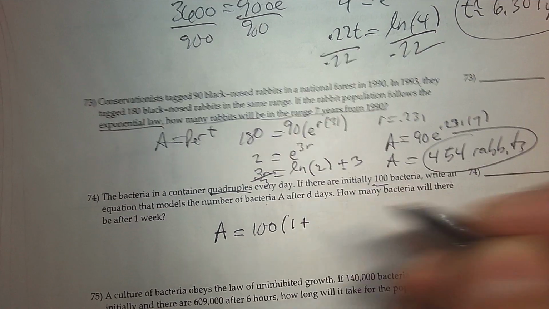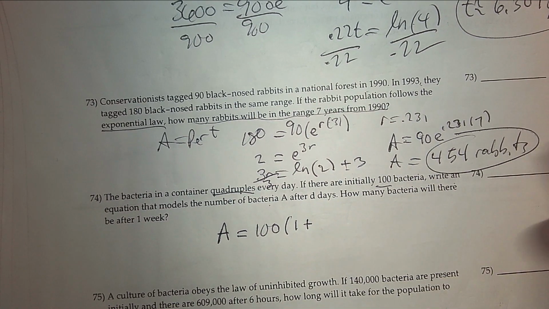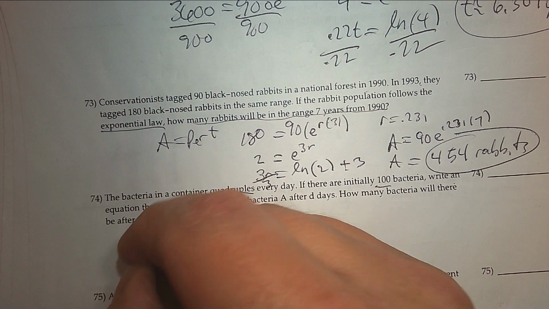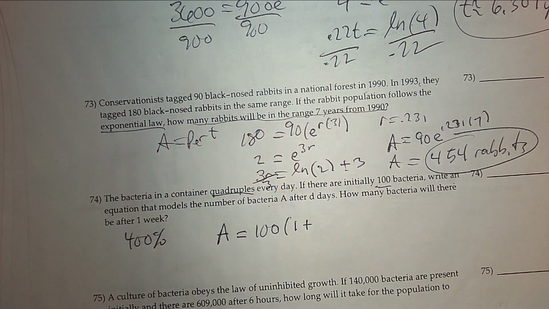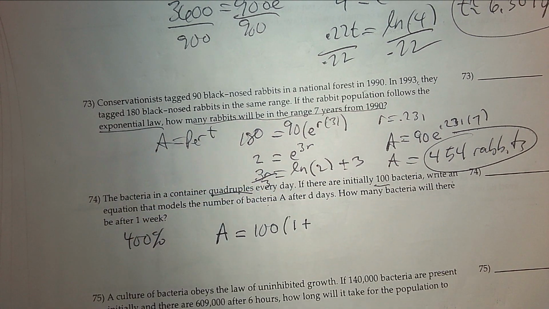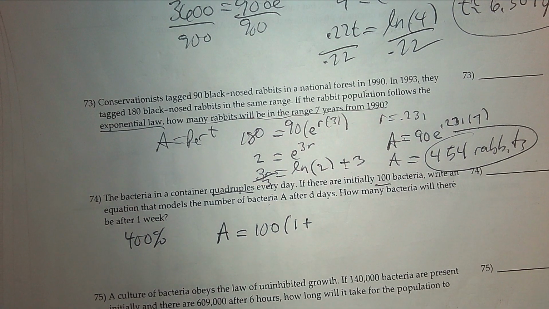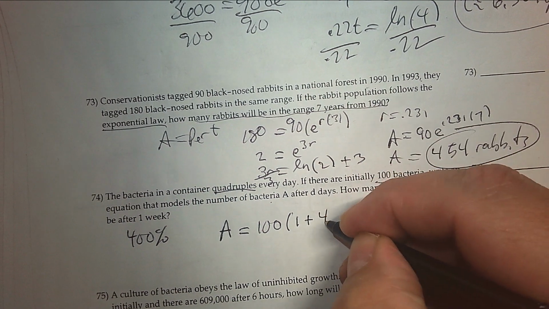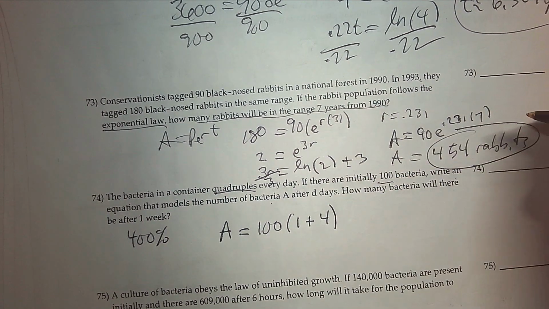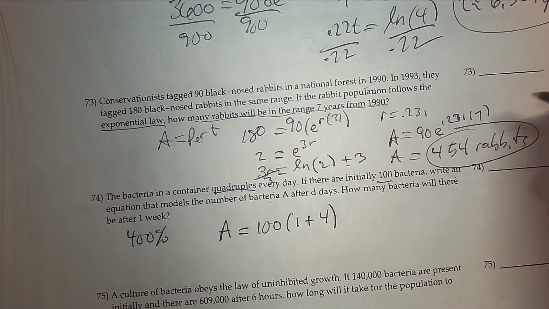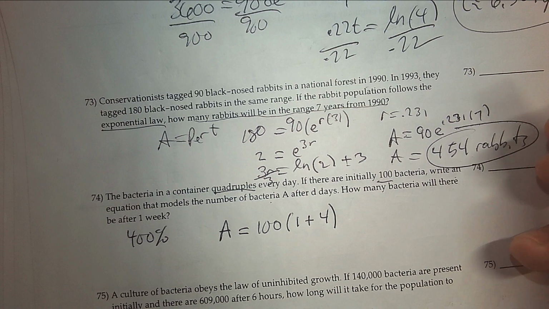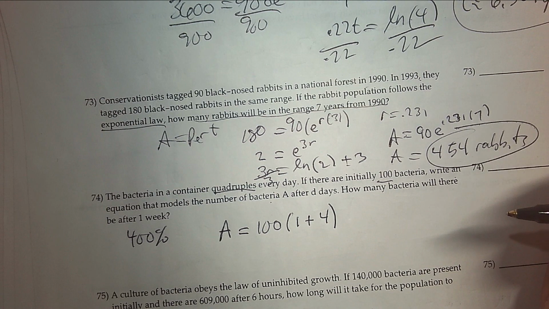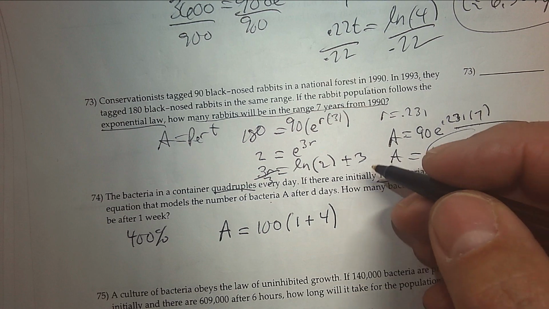Now the rate that it's increasing by, if it's quadrupling every day, is 400%. So as a decimal, that would be just 4, quadrupling, and then the exponent would be d.